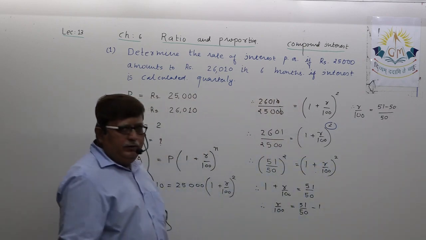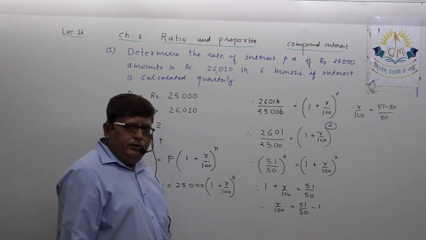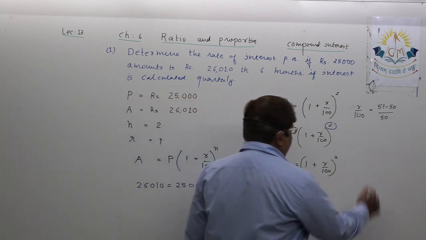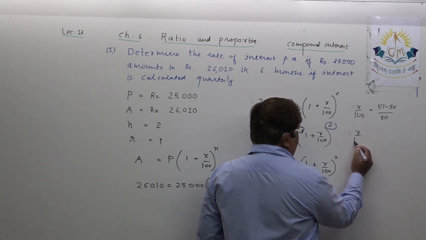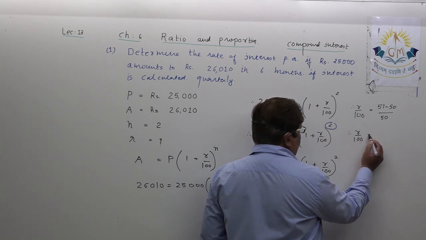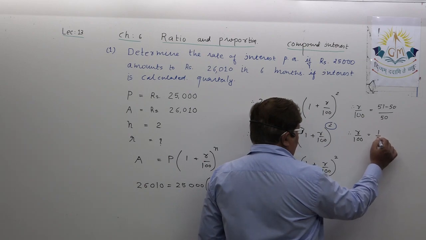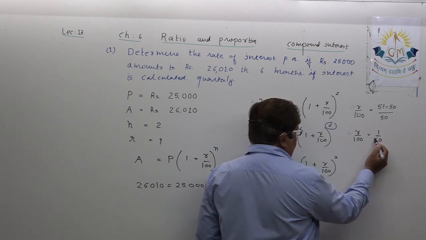Therefore, r upon 100 equals 51 minus 50 upon 50. Therefore, r upon 100 equals 1 upon 50.